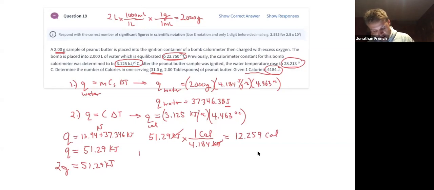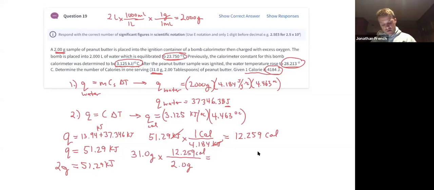So I've got 31 grams of peanut butter, and I want to find out how much energy that is. My conversion factor is for every 2 grams of peanut butter, I'm going to have 12.259 calories.